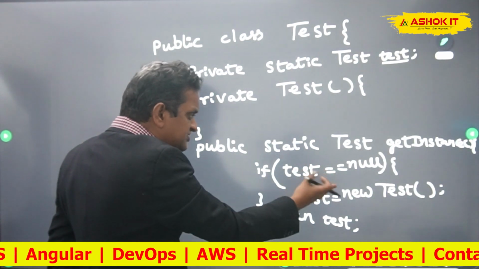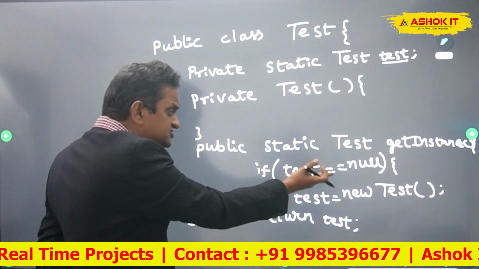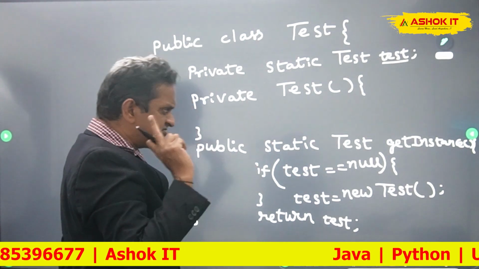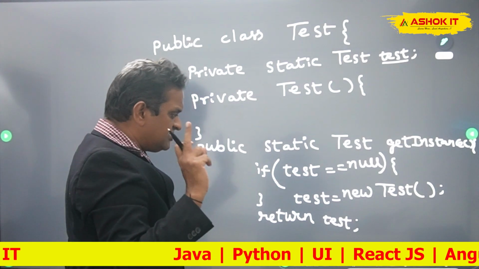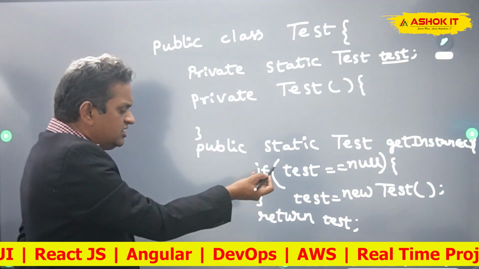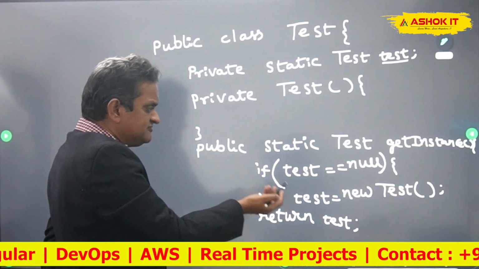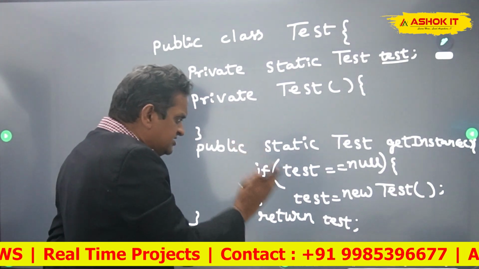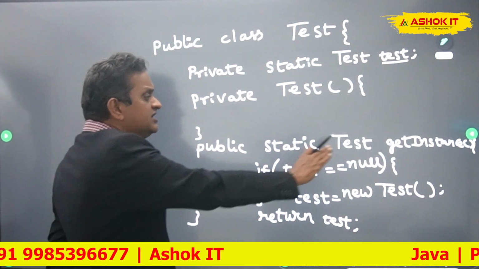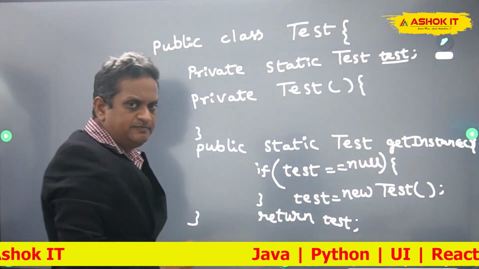Therefore, a new instance will not be freshly created. So only once is the instance created and the reference returned. This is called lazy instantiation, meaning I will create the object only when somebody requires it and calls the method.